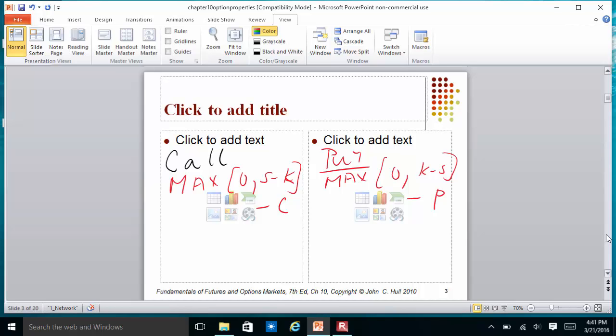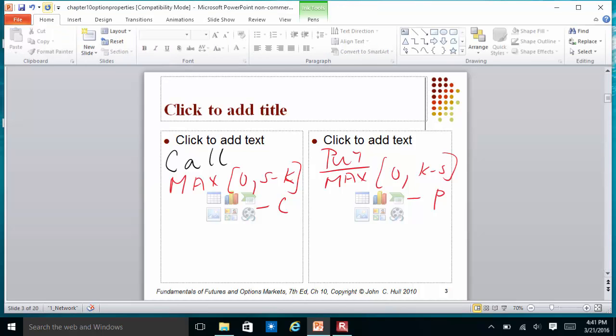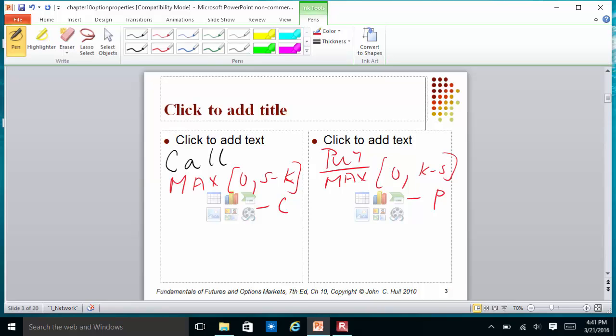So before we move on to anything else, I think it's important to go back, and when you exercise a call, what you get here is the maximum of the stock price minus the strike price, minus the call premium. So that is the formula that tells you what you get when you exercise a call. Now what does it mean?